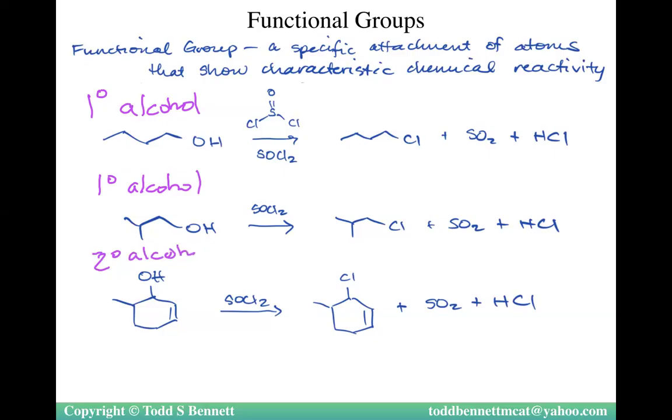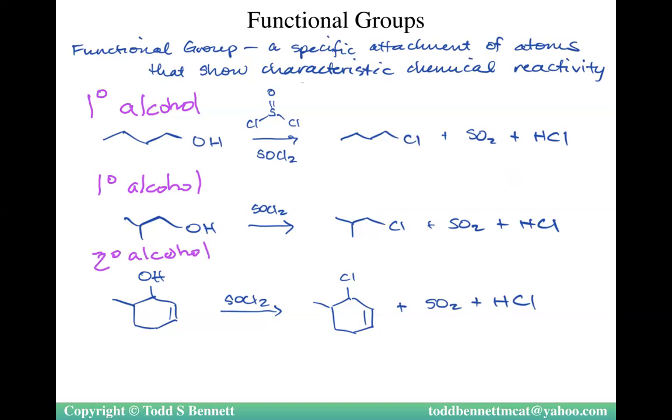And sure enough, that OH gets replaced by Cl. So in other words, an alcohol, primary alcohol or secondary alcohol, when treated with SOCl2, will go on to form the equivalent alkyl chloride. Same reaction, same class of compounds.